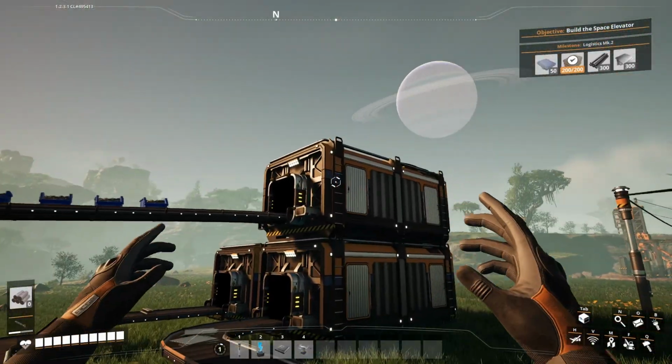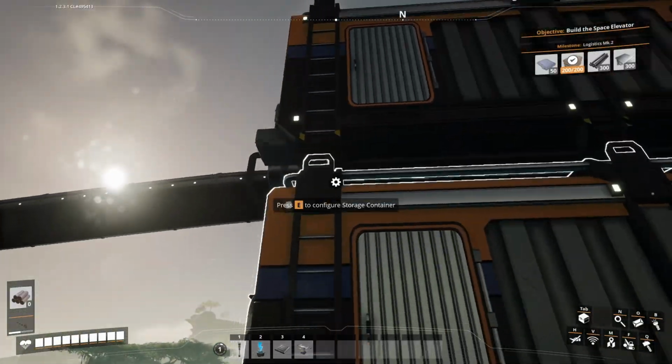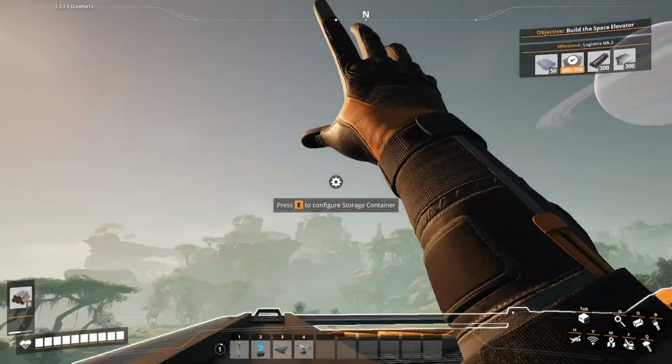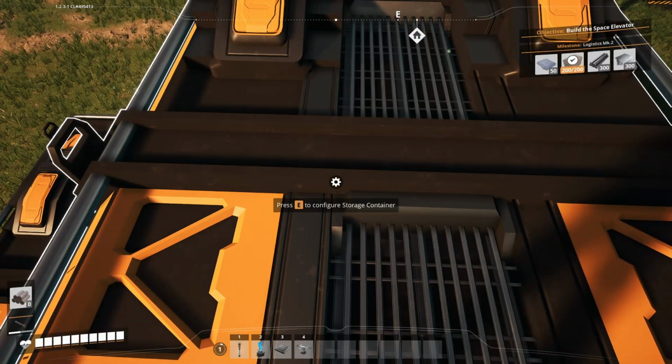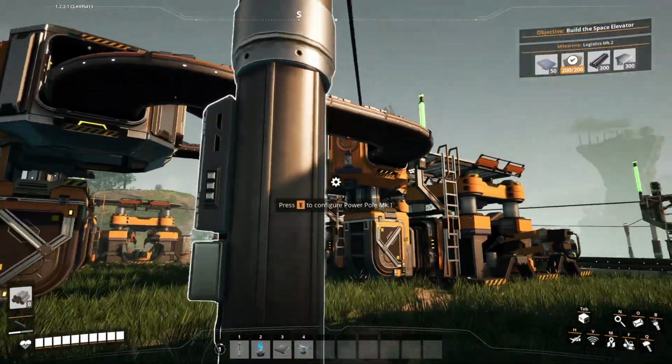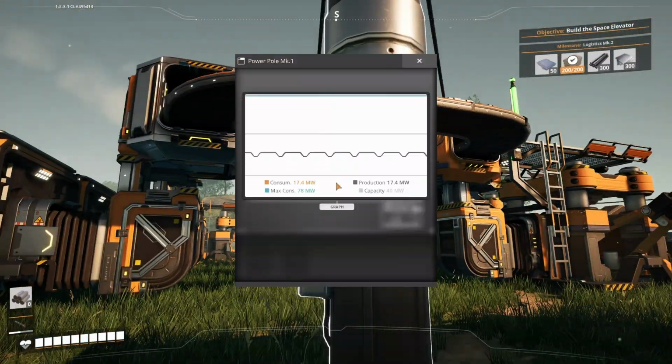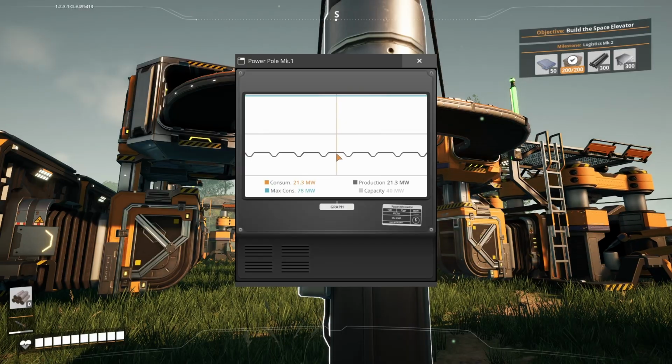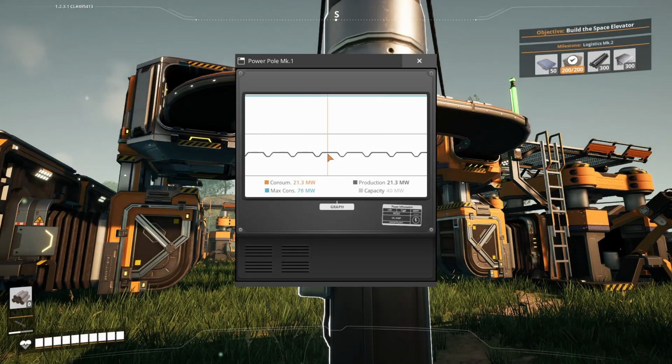And then the screws are going into that top silo. And so with all of that, we are running this whole system on 20 megawatts.